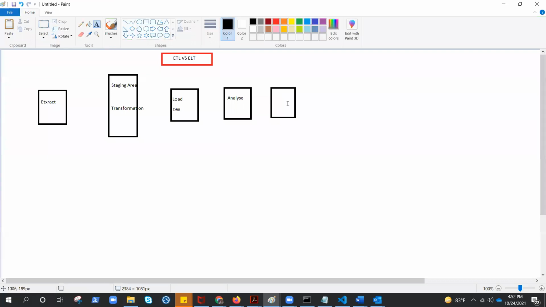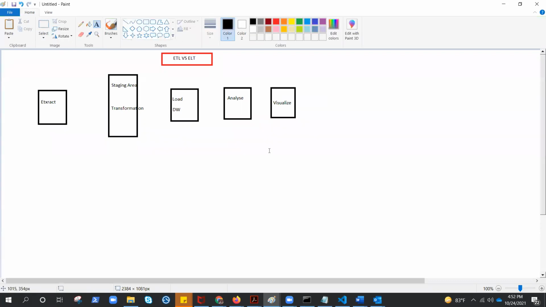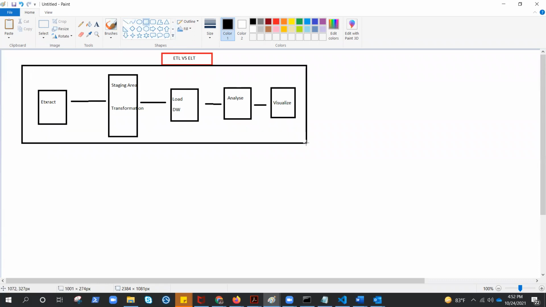And once you analyze, you can give the access through BI to the business people, and they can visualize it. So this is actually the extract, transform, and load process. Once the loading of the transformed data is done, it would be analyzed and visualized. This is the traditional way of data warehousing.